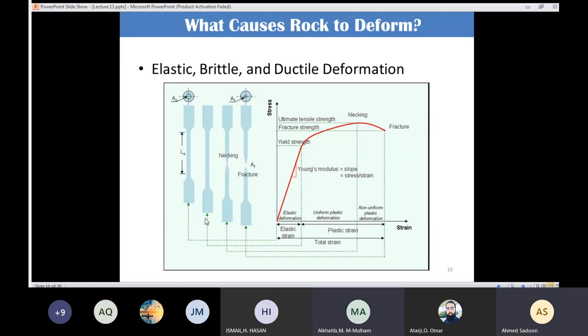Yes, this is one possibility: the material is going to return to its original shape. So if this one is L1, the material may go back to its original length, which is L0.